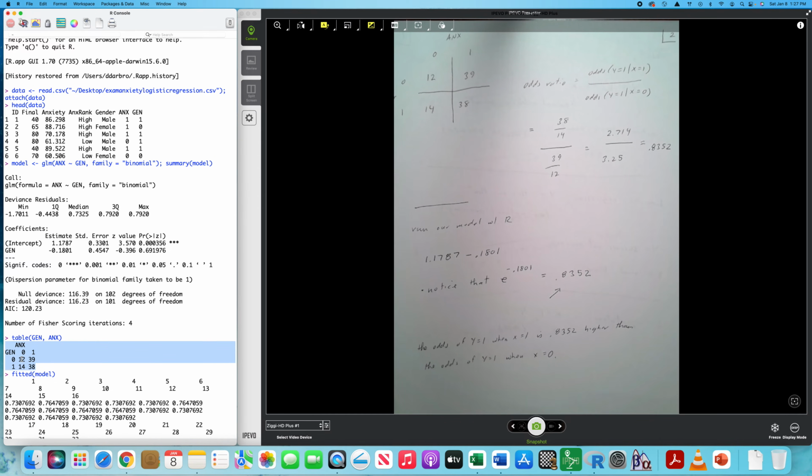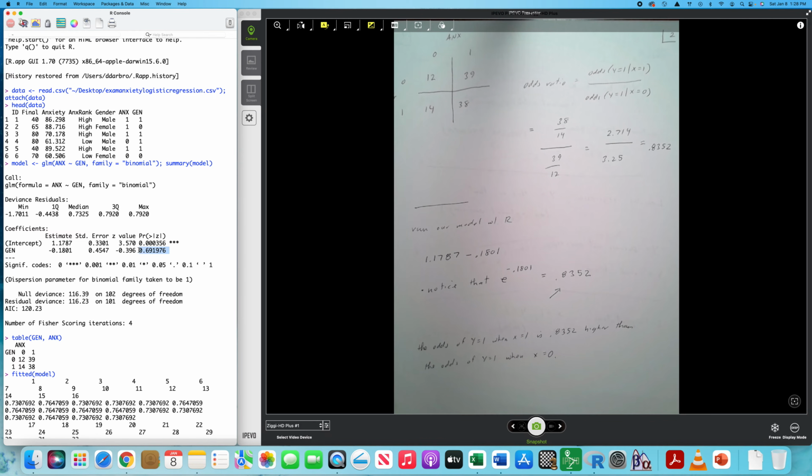0.8352. Now, what I did next is I ran the model again, just using zeros and ones, because again, there's a natural ordering there, given the way that I've forced the entry of these using zeros and ones, obviously one is bigger than zero. So I ran the model, and you can see that I get the coefficients, negative 0.18 and 1.1787.